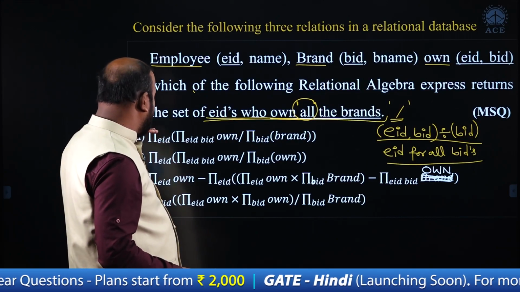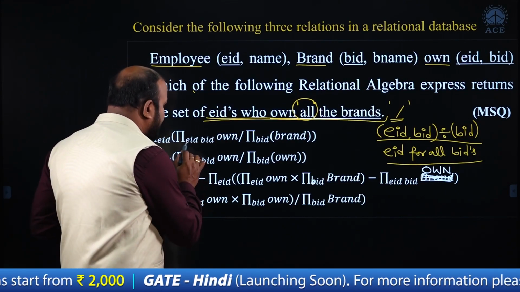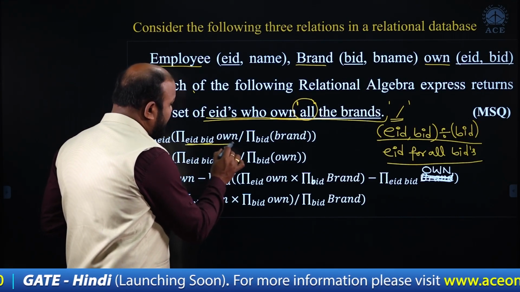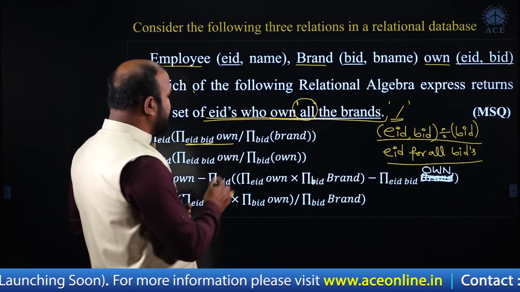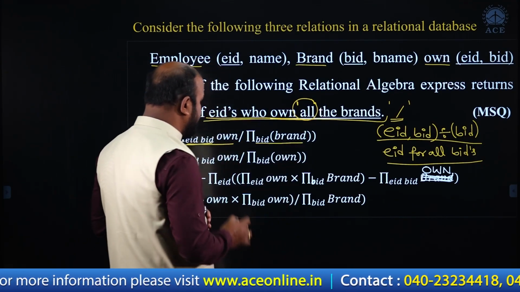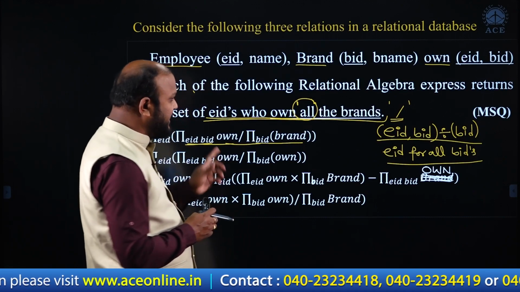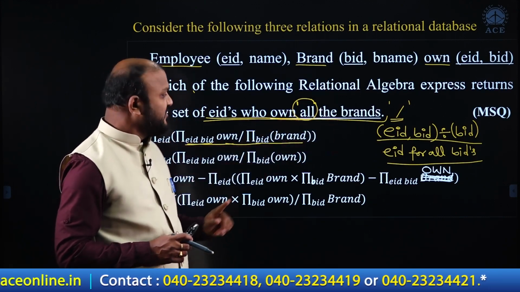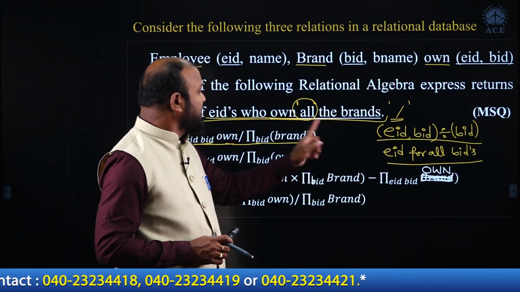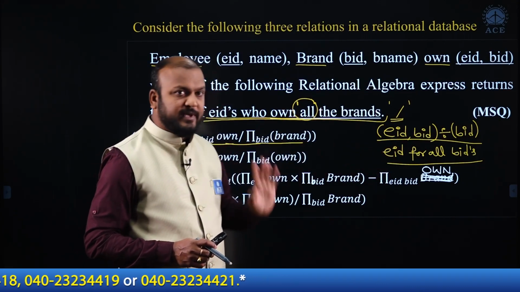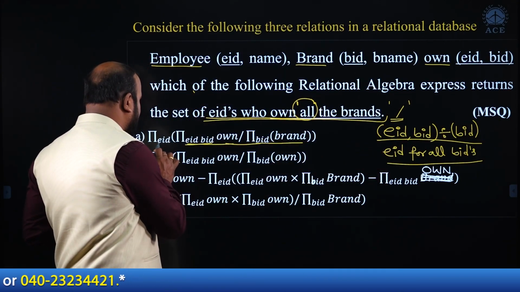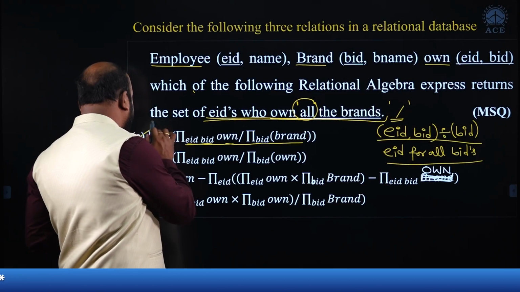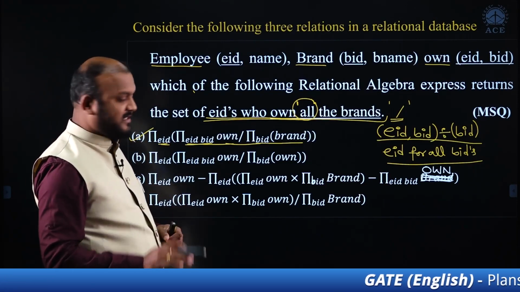Now, look at the first expression: employee ID, brand ID of own, division with brand ID of brand. It is an expression like EID, BID division with BID. It gives you the EIDs who own all the BIDs. So this is a proper query and it is undoubtedly correct.